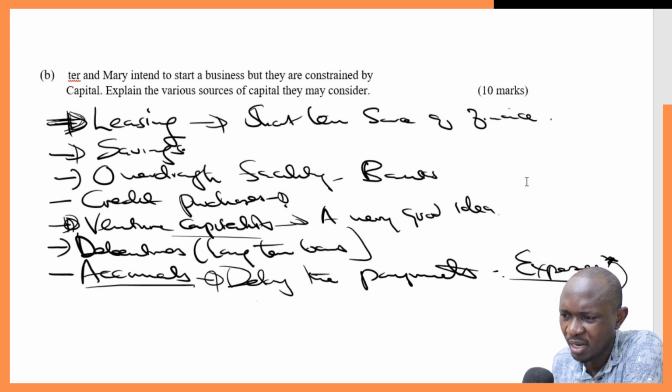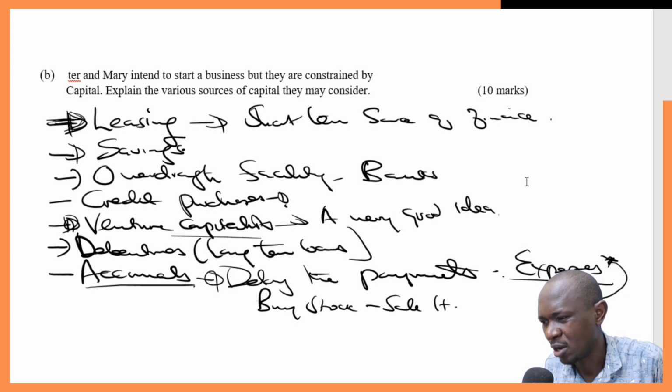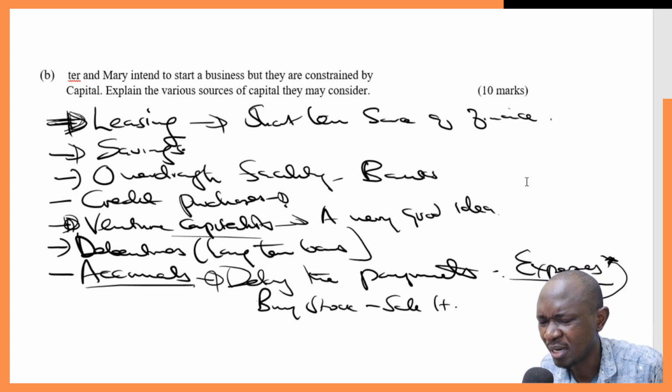So you can use that money to, say, buy stock, sell it before you can now raise again the money from the sales to pay these people. Doing that simply means that you'll have raised some extra source of capital from the expenses which you were supposed to have met well in advance.